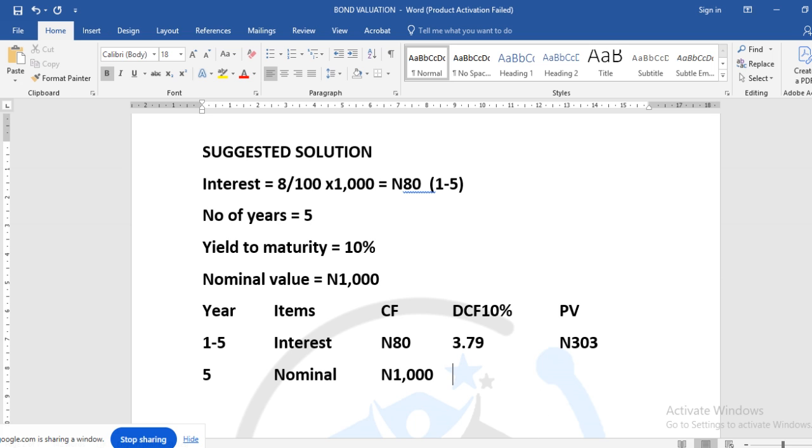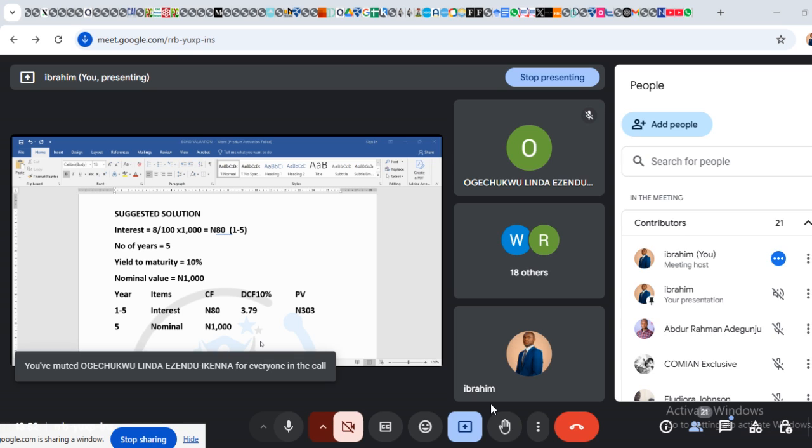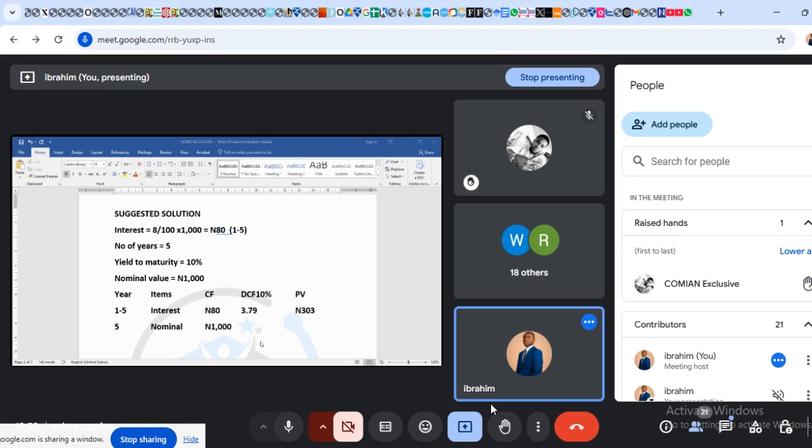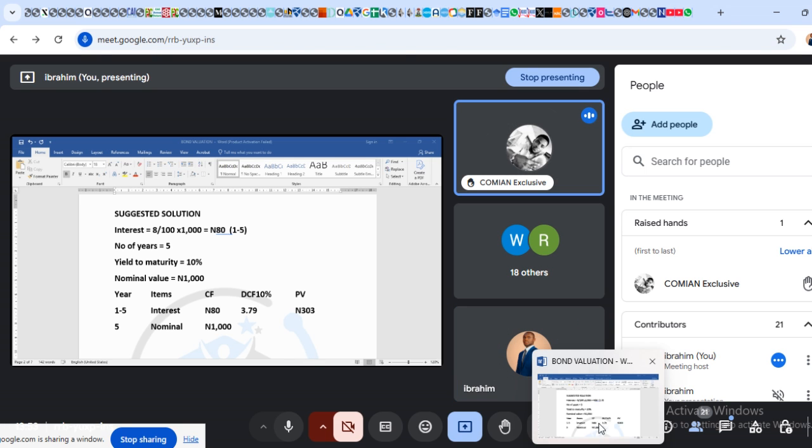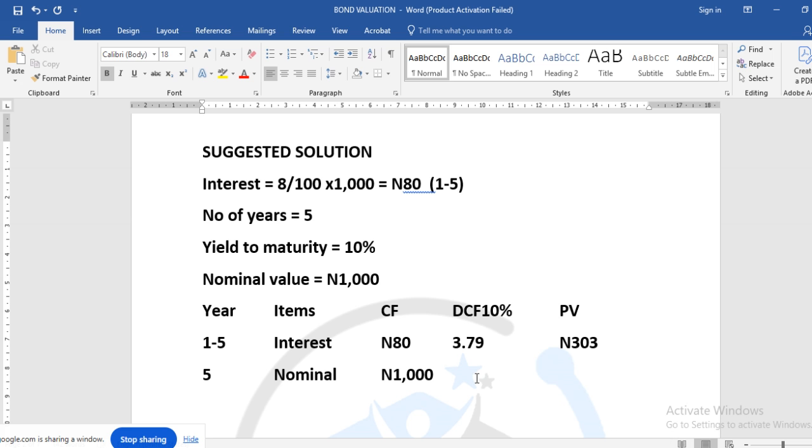So what is the DCF? This is ordinary DCF. 0.621. So what is the value? 620. So what is the market value? Add it.